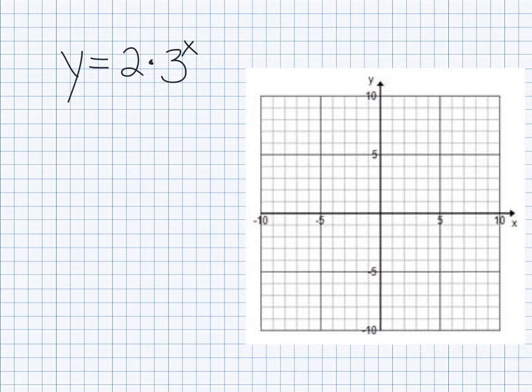Fundamentally I understand 2 is the y-intercept, or the start, when x equals 0, and 3 is the growth factor.